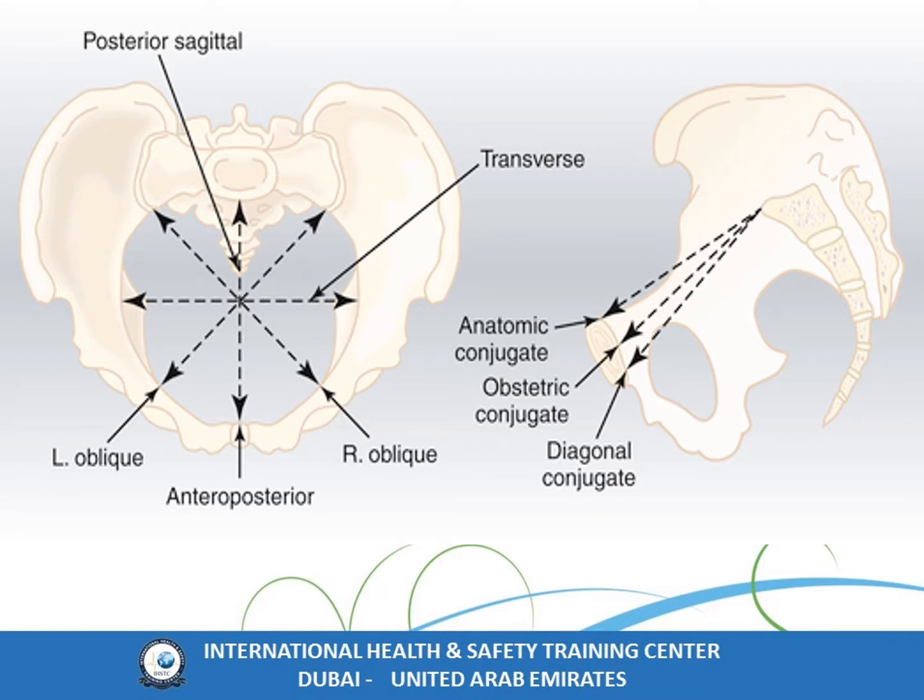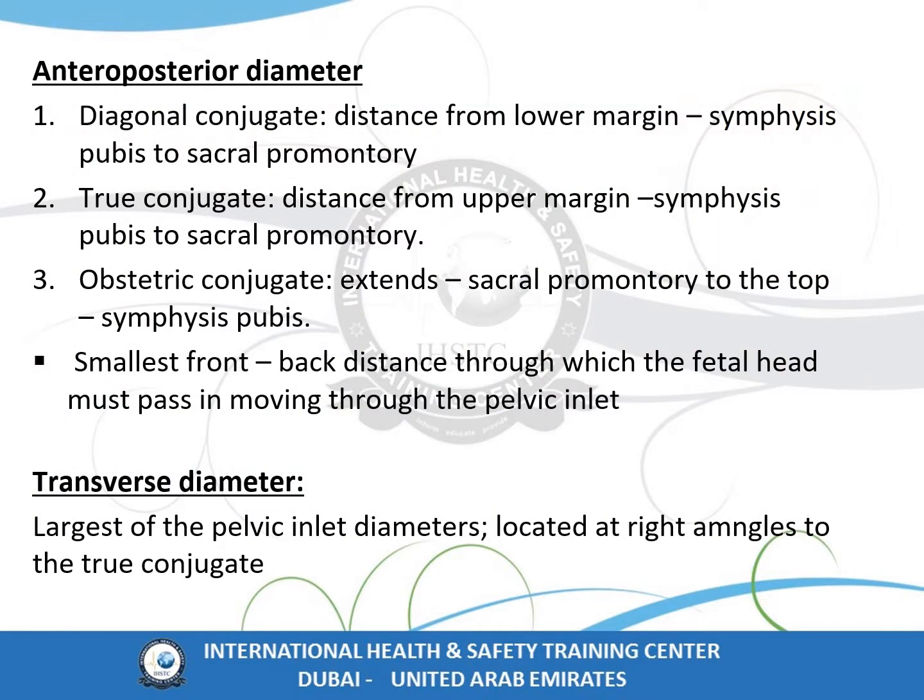So here you can view the pelvic inlet diameters, the pelvic midplane diameters, and the pelvic outlet diameters. In this slide and the next slide, you can find the explanation about the diameters.